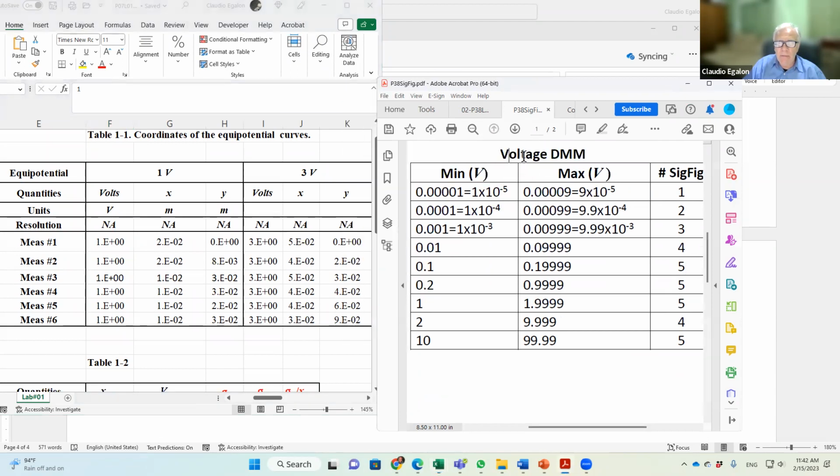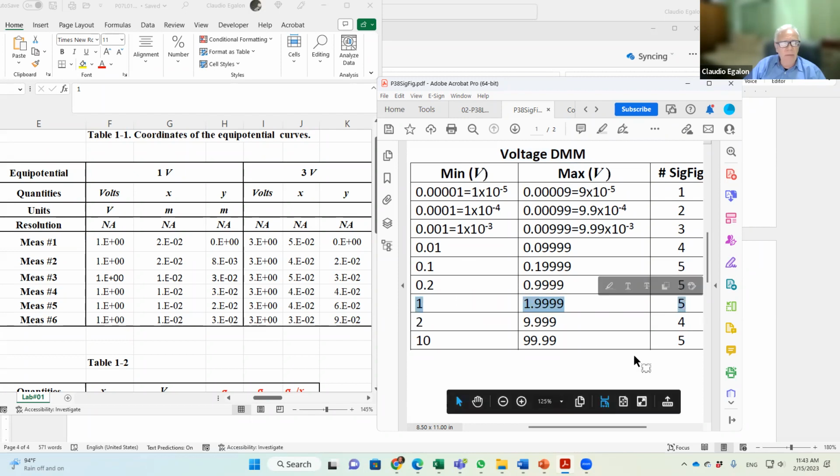Don't forget that's the table of the voltage of the DMM. The DMM that we use has this specific characteristic. Different multimeters have different significant digits, but this is a specific one. I went through the trouble to find out how many significant digits the multimeter had for voltage. So this specific multimeter at 1 volt has 5 significant digits.